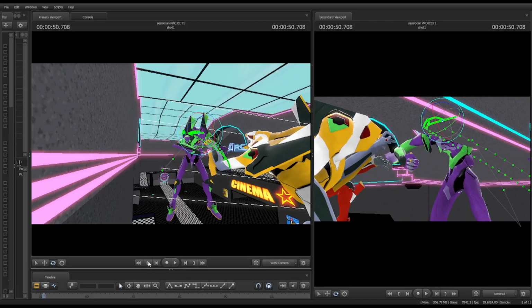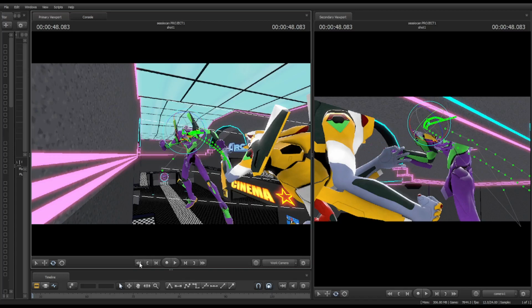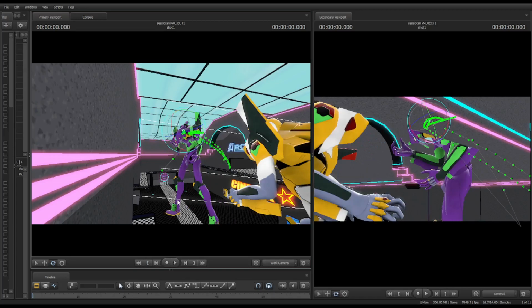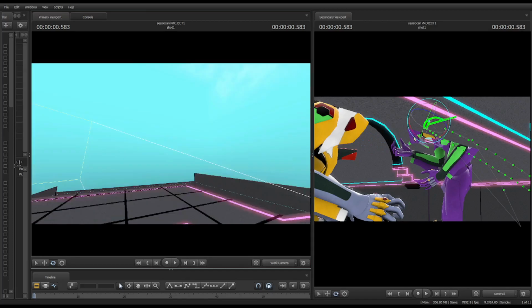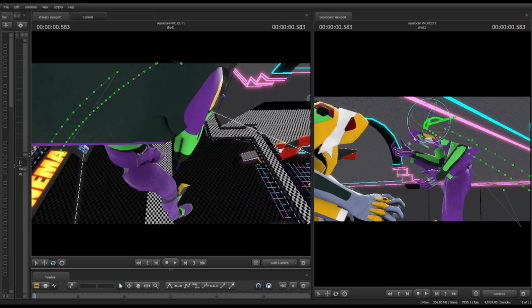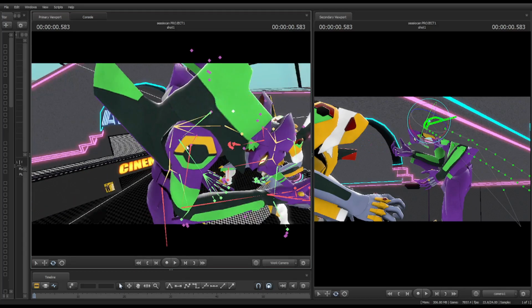Okay, so apparently sometimes with the Evas you can just fix a single frame and it works. Here, let me show you. Like right here. Fix this shoulder.